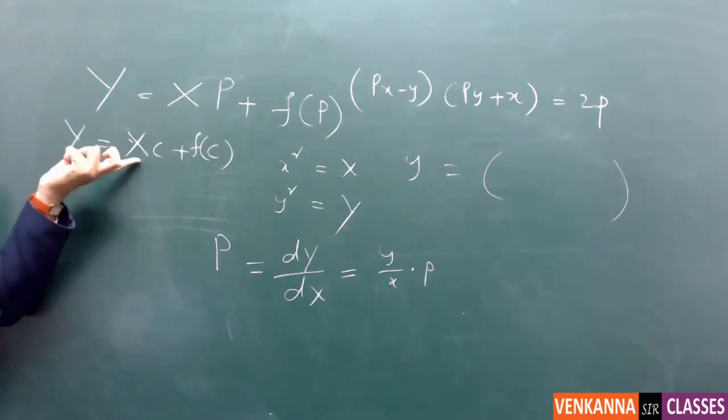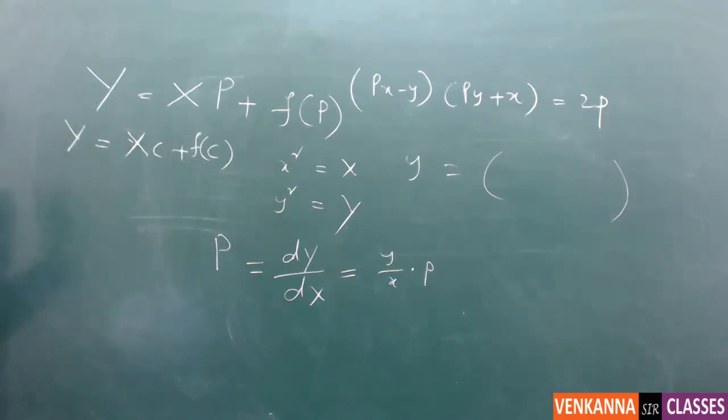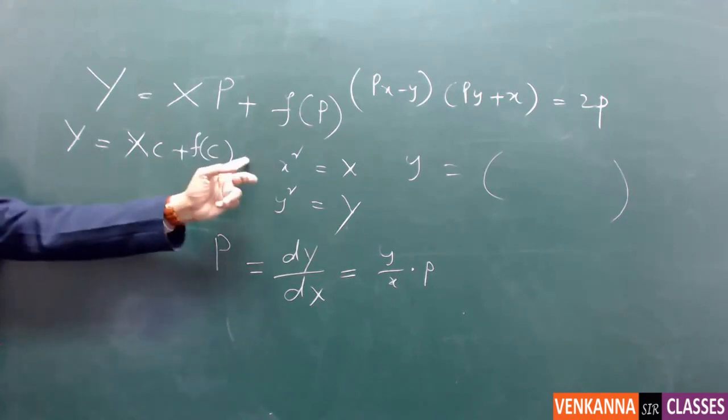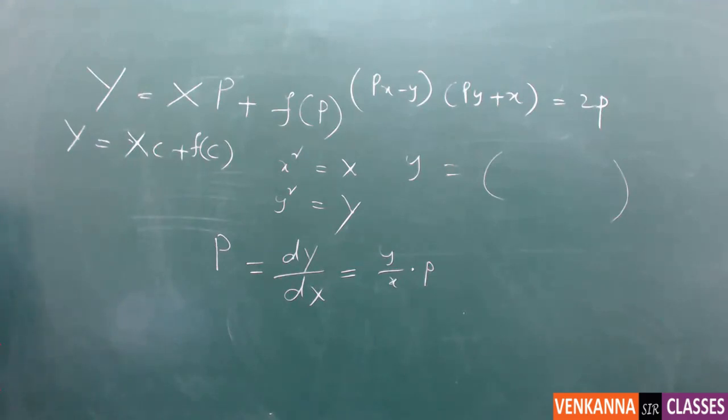In place of capital X and Y, we substitute the necessary values. And these transformations will vary from problem to problem, but most commonly we use capital X means x square, capital Y means y square as general transformations for all the problems.